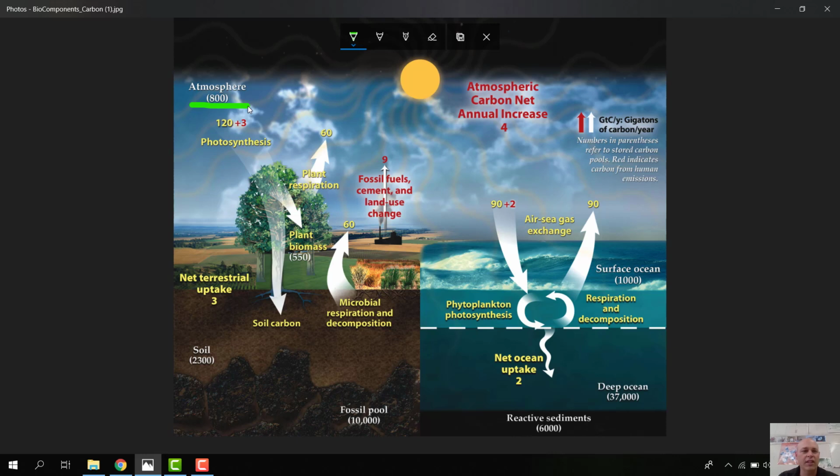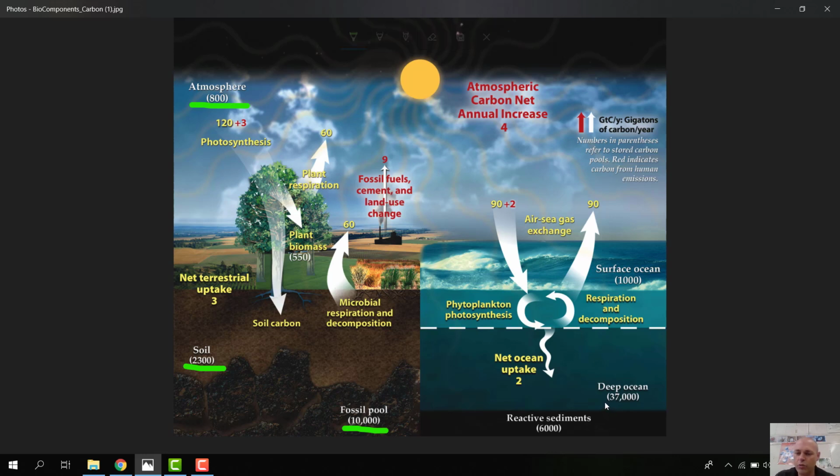So if you look at the atmosphere with the 800, and then you look down at the soil, it is storing 2,300, quite a bit more than the atmosphere. The fossil pool is 10,000. So again, a lot of carbon's locked up in the rock, in fossil fuels, and in soil. Some in the atmosphere up here.